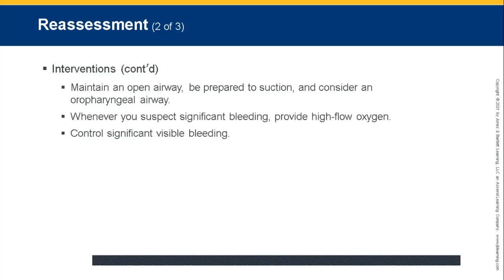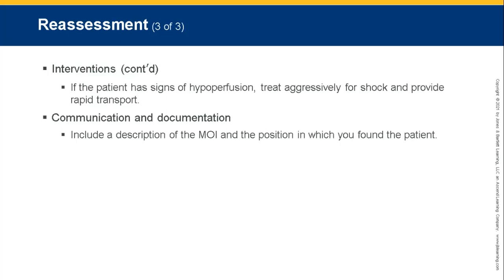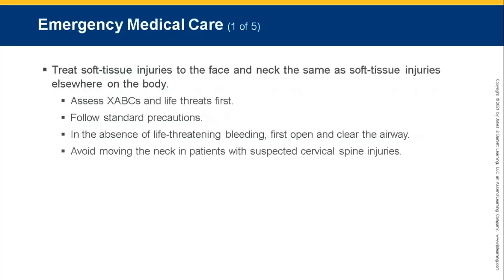Whenever you suspect significant bleeding, provide high flow oxygen, control significant visible bleeding. If the patient has signs of hypoperfusion, treat aggressively for shock and provide rapid transport. Communication and documentation include a description of the MOI and the position in which you found the patient.